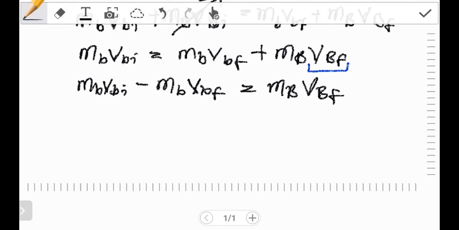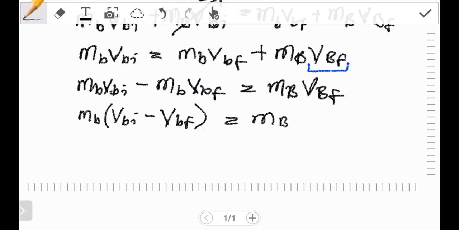Since the mass is common on the left-hand side, we can just say this is MB, and you just get the difference in the velocities, VBI minus VB final. Then this is equivalent to MB VB final.